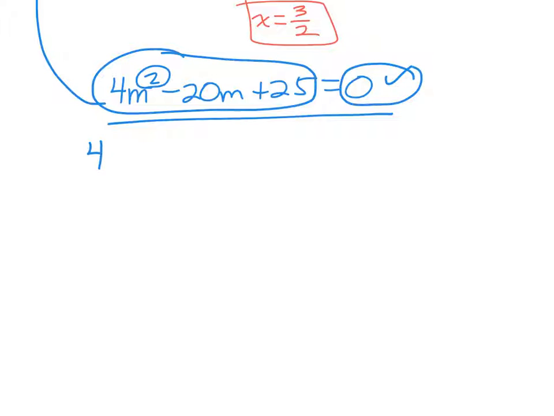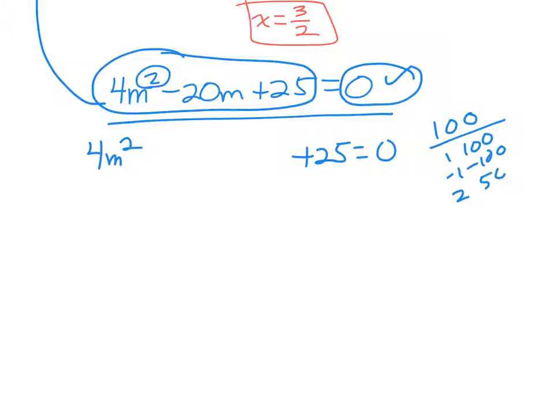We're going to leave 4m squared alone. We're going to leave 25 alone. 4 times 25 is 100. 1 times 100 and negative 1 times negative 100 would give me 100, but neither would add up to negative 20. 2 times 50 and negative 2 times negative 50 would multiply to 100, but neither one would add up to negative 20. 3 doesn't go into 100.